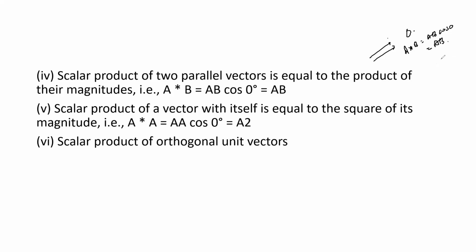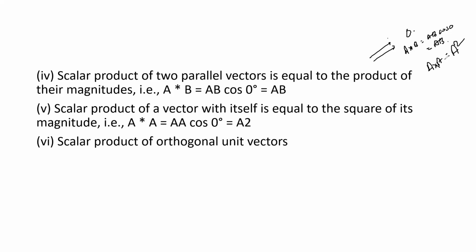That becomes A dot A, and again they are parallel. Therefore, when they are parallel, the angle will be 0. So A dot A, when the angle is 0, becomes A square. So this can be defined as: the scalar product of a vector with itself is equal to the square of its magnitude, right?